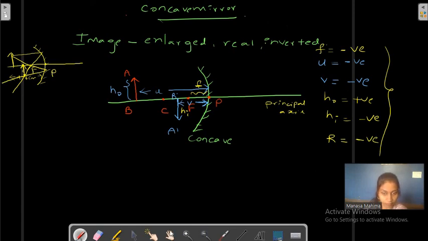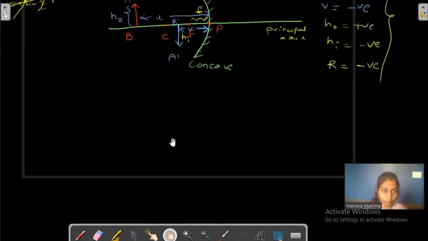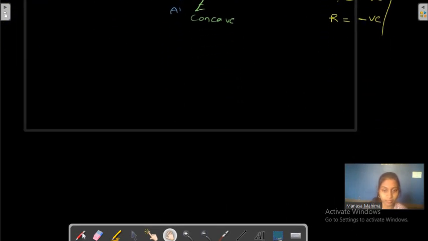If I apply the same things to a convex mirror, we need to know how we can write that. I will take the convex mirror where the reflecting surface will be outwards, right? So if I want to mark the pole, the pole will be here. We have to mark the center of curvature as well as the principal focus.